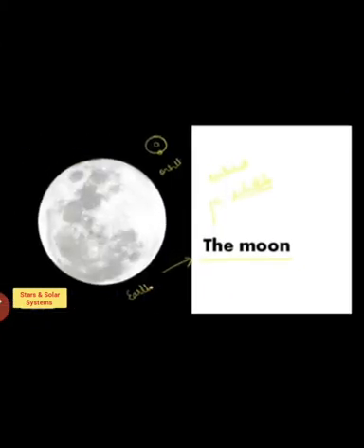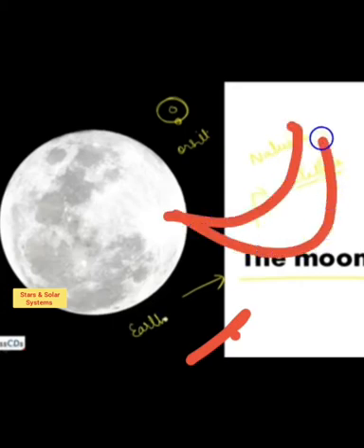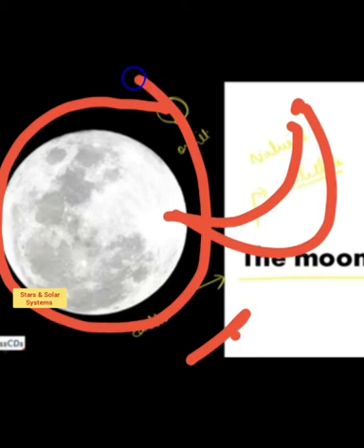Next is the moon. Every night, if nothing is special in this picture, because every evening, every night you see the moon. But sometimes the moon appears small, sometimes big, sometimes it appears in this shape, sometimes it appears to be in full shape.